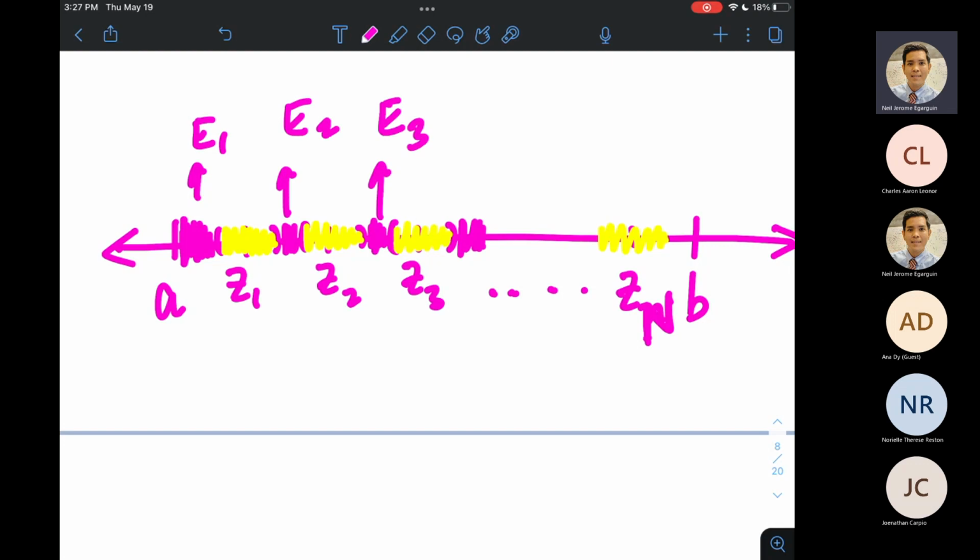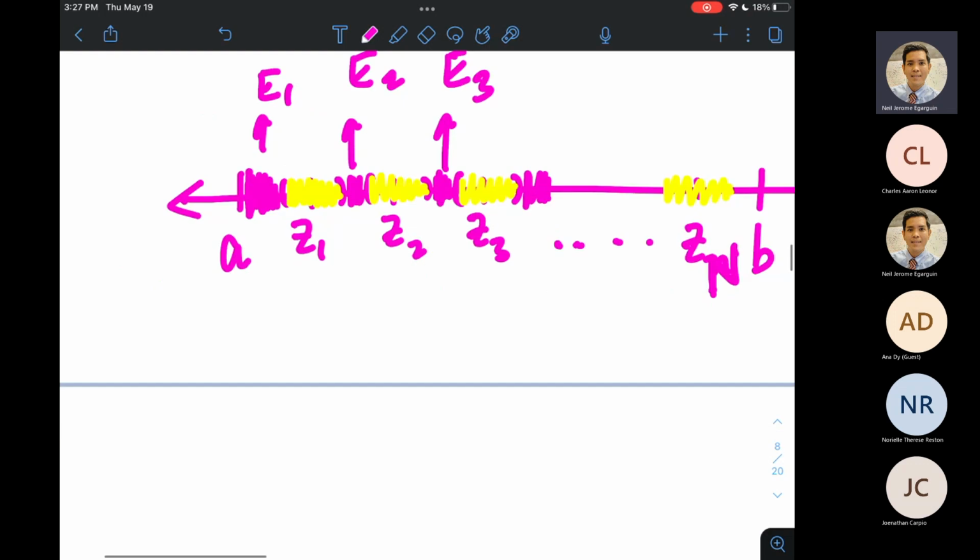So si f ay continuous sa bawat isang mga E1, E2, E3, and so on. Dahil continuous si f sa bawat E sub I, okay? So ibig sabihin si f ay integrable sa bawat E sub I. Yun yung sinabi ng theorem natin kanina, 5.28. Alright? So continuous si f doon sa mga E sub I.